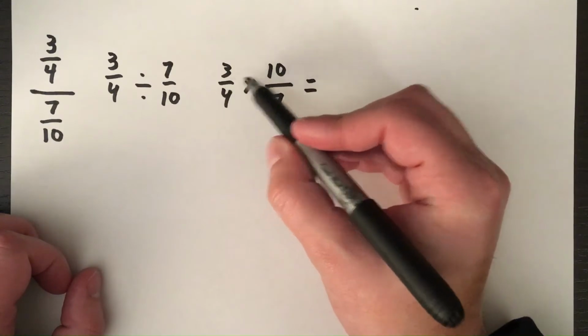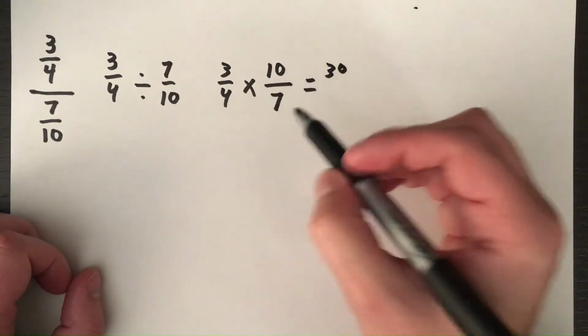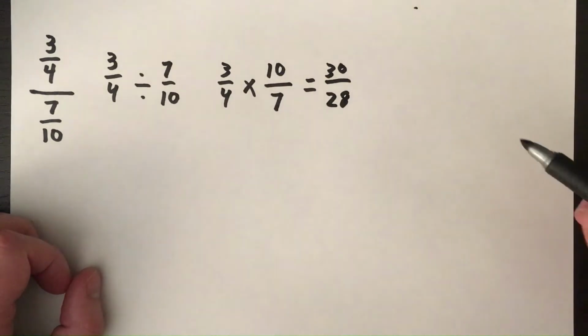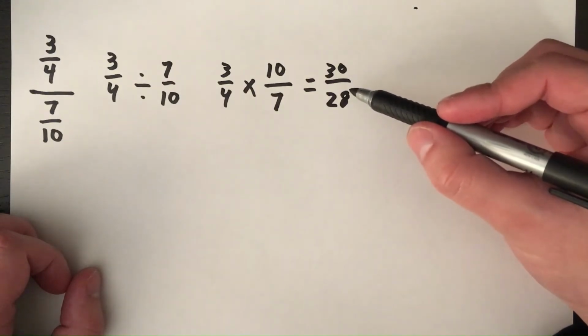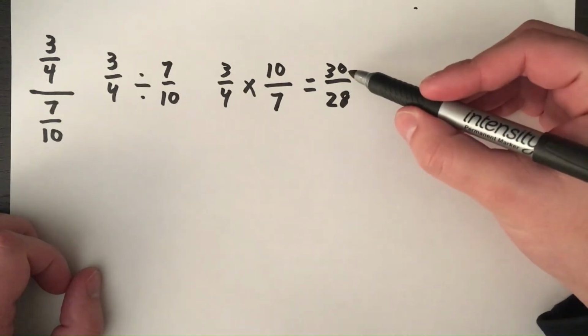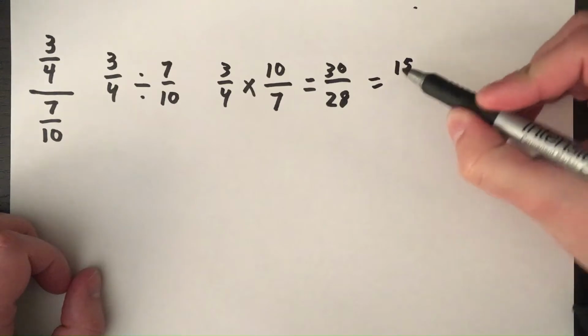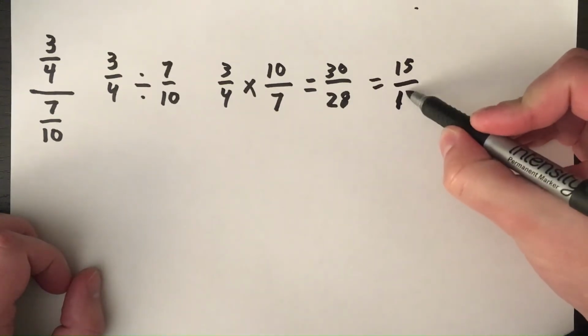Then you're just going to take 3 times 10, that's 30, and 4 times 7, that's 28. And we can actually reduce this further. We just have to find some common factor that both can be divided by. So you can divide both these by 2. 30 divided by 2 will give you 15, and 28 divided by 2 will give you 14.